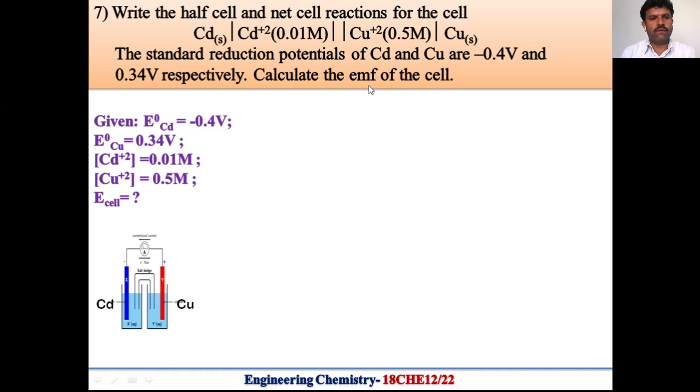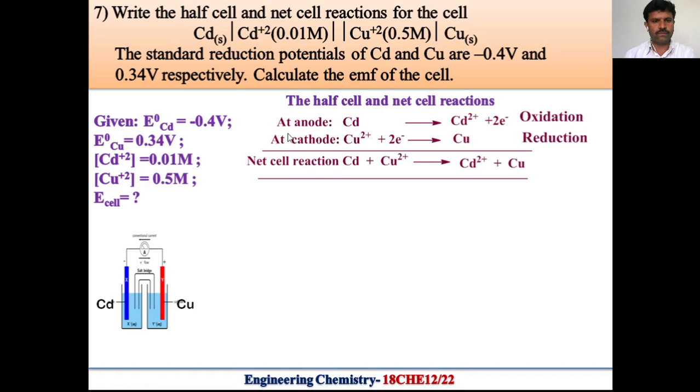Calculate the EMF of the cell. The given values: the standard electrode potential of cadmium minus 0.4 volt, standard electrode potential of copper 0.34 volt, concentration of cadmium solution 0.01 molar, concentration of copper solution 0.5 molar, and the EMF of the cell is to be calculated.